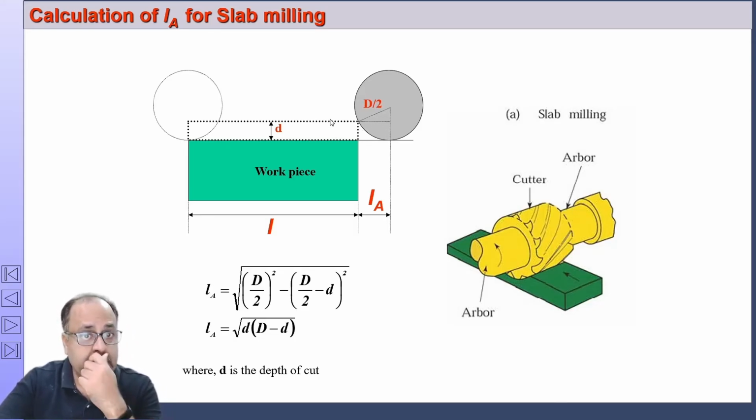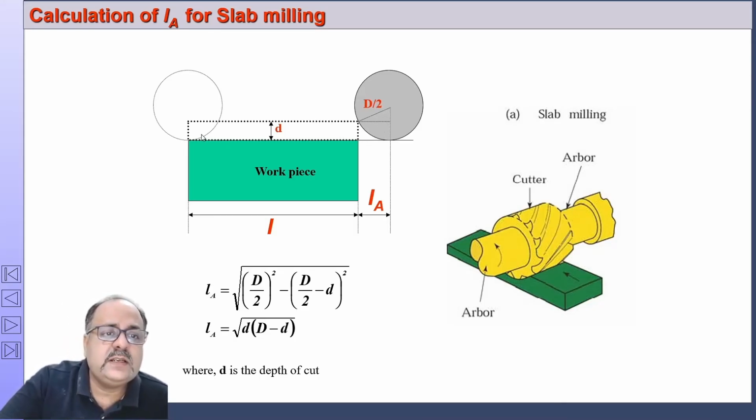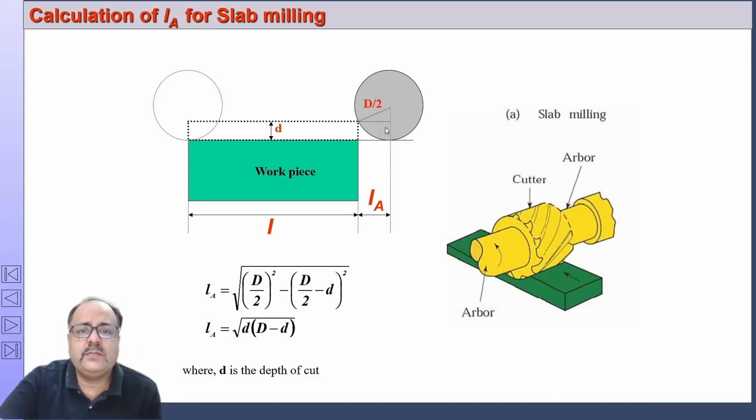When this point reaches this point, it will be finished. So there is no over travel, and this is the minimum distance. Of course you can start from here and end here, that doesn't matter. What I am calculating is the minimum approach length, so that the entire section is cut properly.